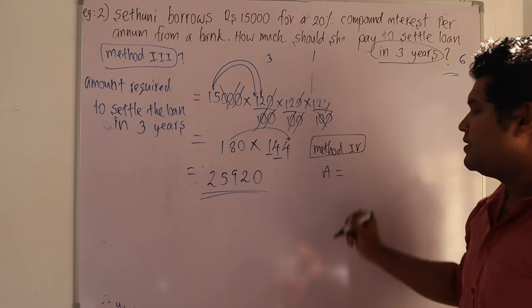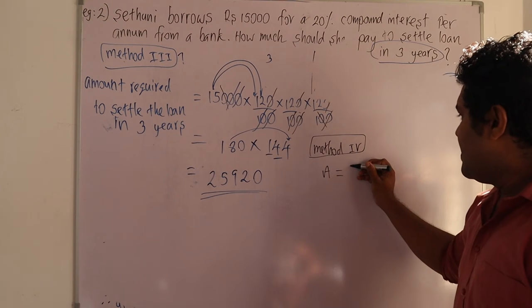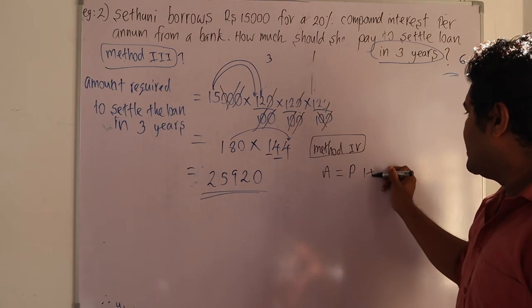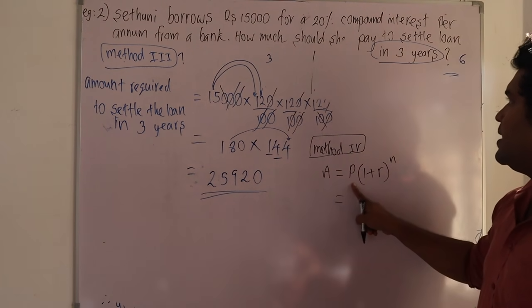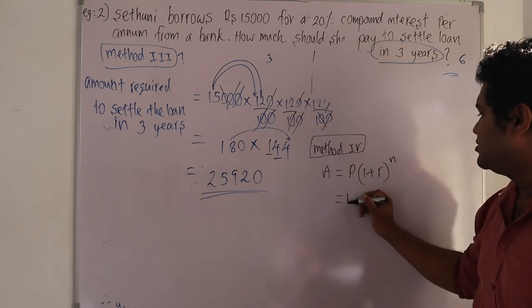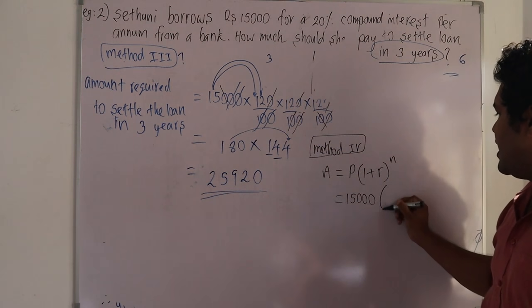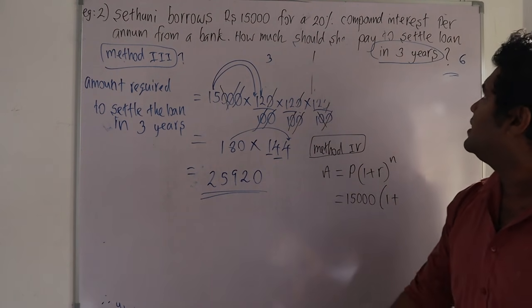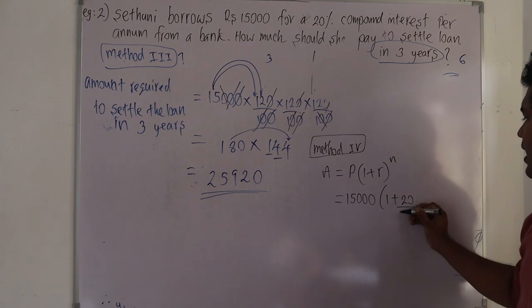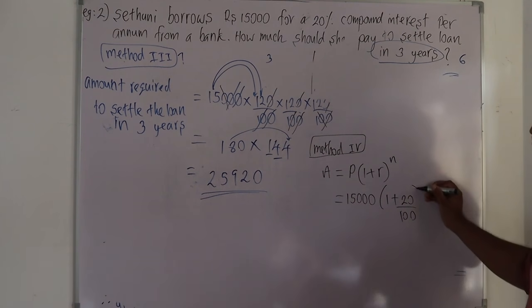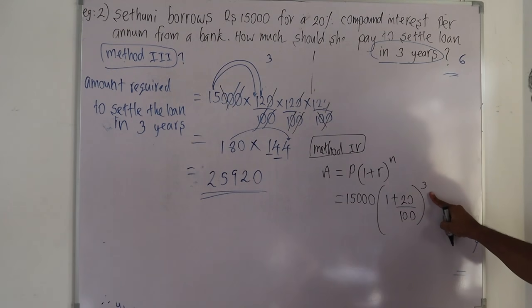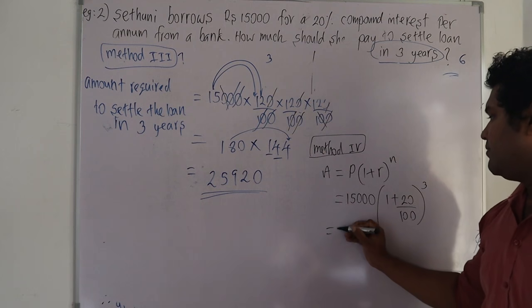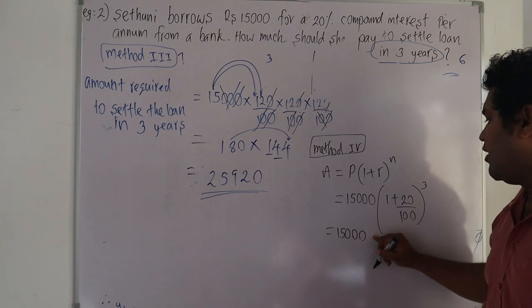There's a particular formula: A equals P times (1 plus R) to the power n. You know P is for principal. The principal is 15,000. And 1 plus, what is R being? R is 20 over 100 because of the rate of interest. And n is the number of years. If the number of years is 2, then you better have 2 here. Then 15,000 is outside.